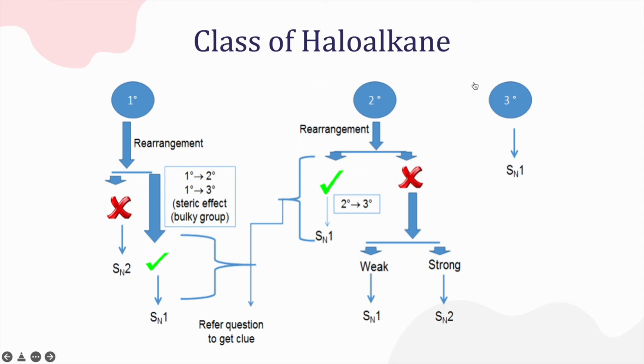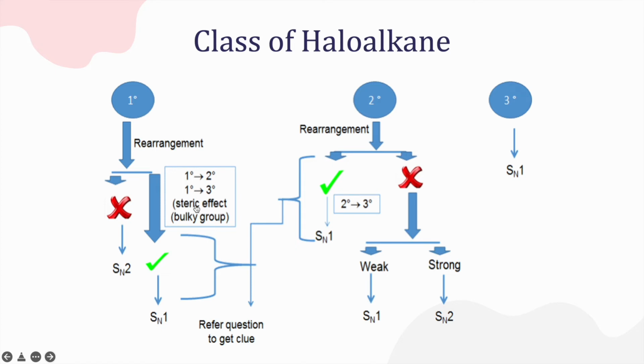Next, the class of haloalkane. If the haloalkane is primary and it can do rearrangement to become secondary or tertiary, then it prefers SN1, because SN2 does not prefer steric effect.